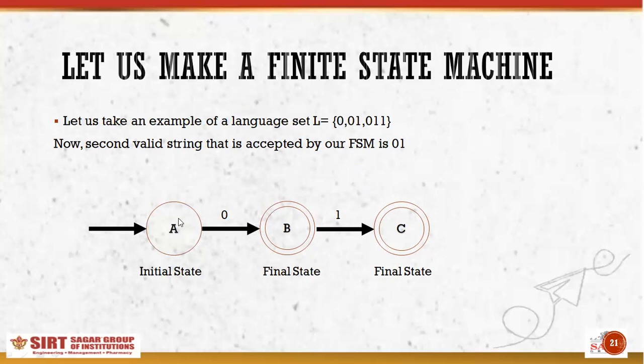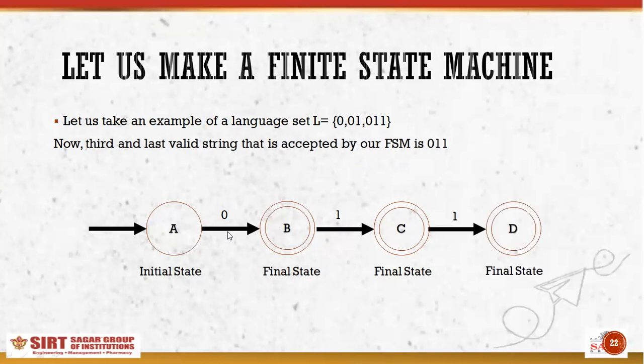Now you can see that if 0 comes into the machine, it will reach the final state and say that yes, the string is valid. If a user supplies 01 as input, then again it will read 0 and 1 and reach this final state C and signify that this string is valid. Now talking about the third string, 011, what is to be done?